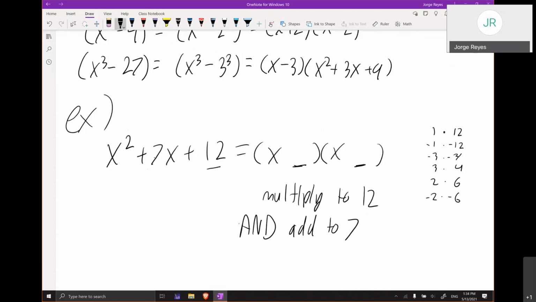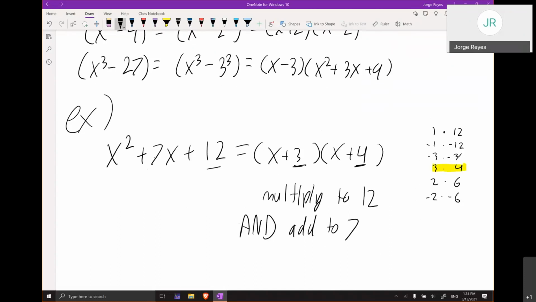You could look at all of these, and hopefully after a while you will realize that you want to pick these. If you choose +3 and +4, it works.